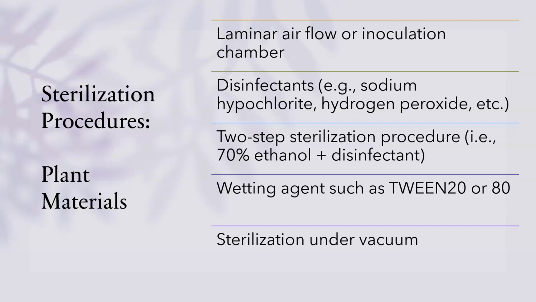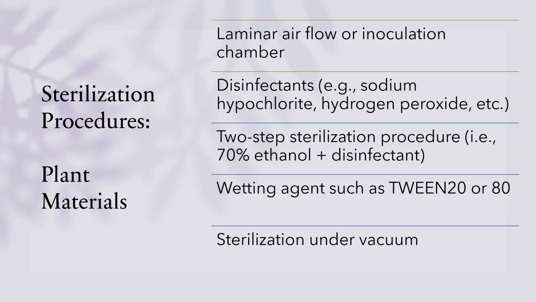Plant material which is to be cultured should be surface sterilized to remove the surface-borne microorganisms. This procedure is done in front of a laminar air flow or inside the inoculation chamber before the plant material is placed onto the culture medium.